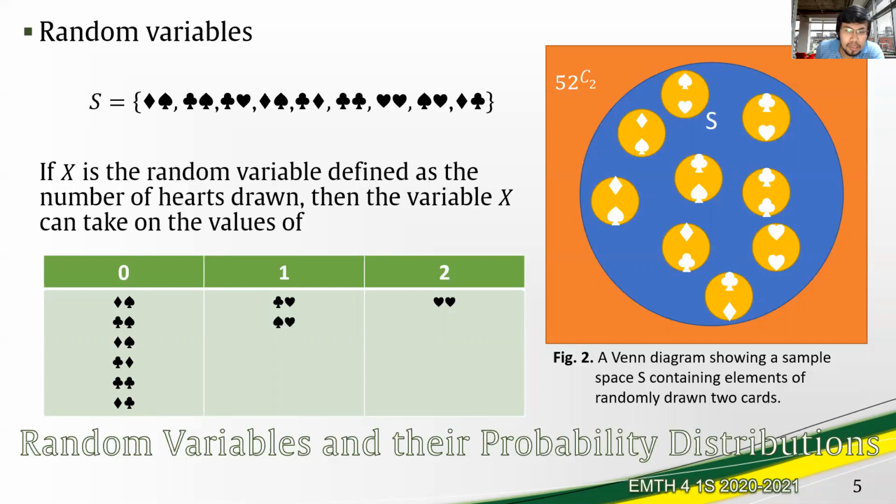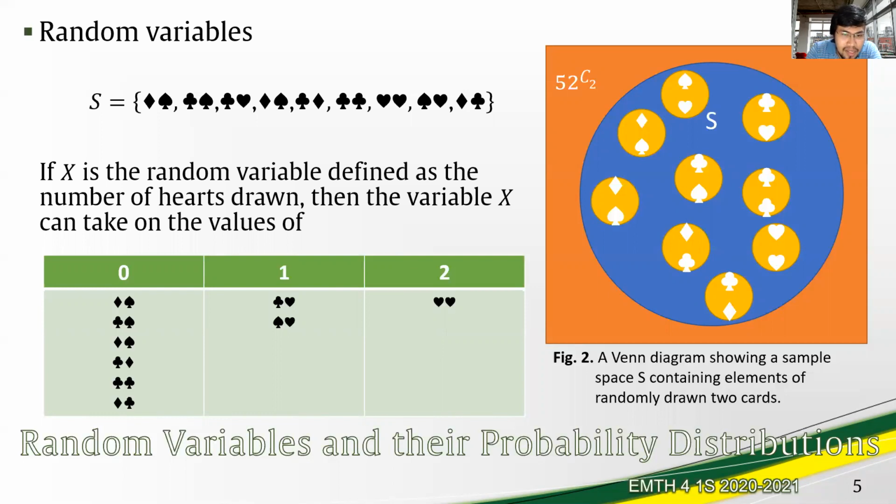the X. The X now is the random variable defining the number of hearts drawn, and X could take on values of 0, 1, and 2, meaning we have a 2-card set with 2 hearts, also those with 1 heart, and those without any heart.